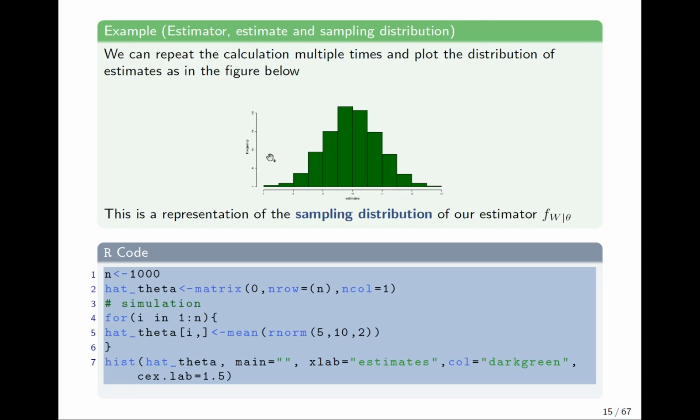This shows how the estimates vary, and it's essentially a representation of the sampling distribution of the estimator. Its mean is about 10, but you can see it is roughly symmetric about this point, ranging in this particular graph from around 7 to around 13.